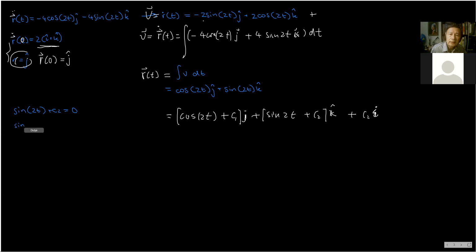This is two-dimensional motion. How can they involve the k? Can you double check? I'm sure this should be j and k.